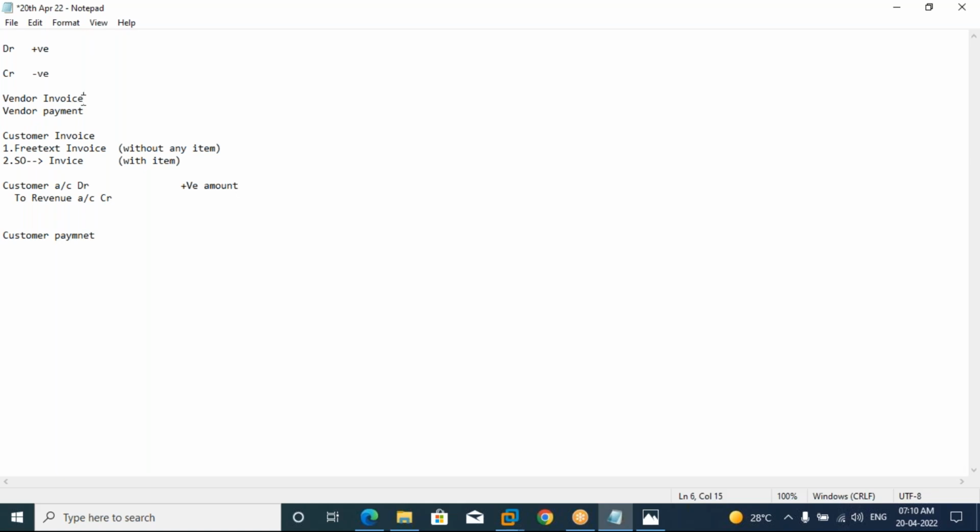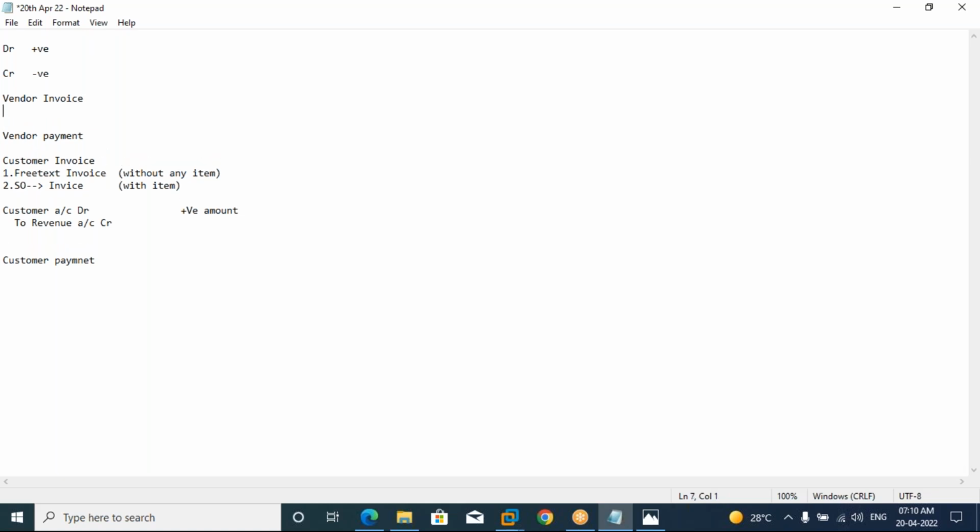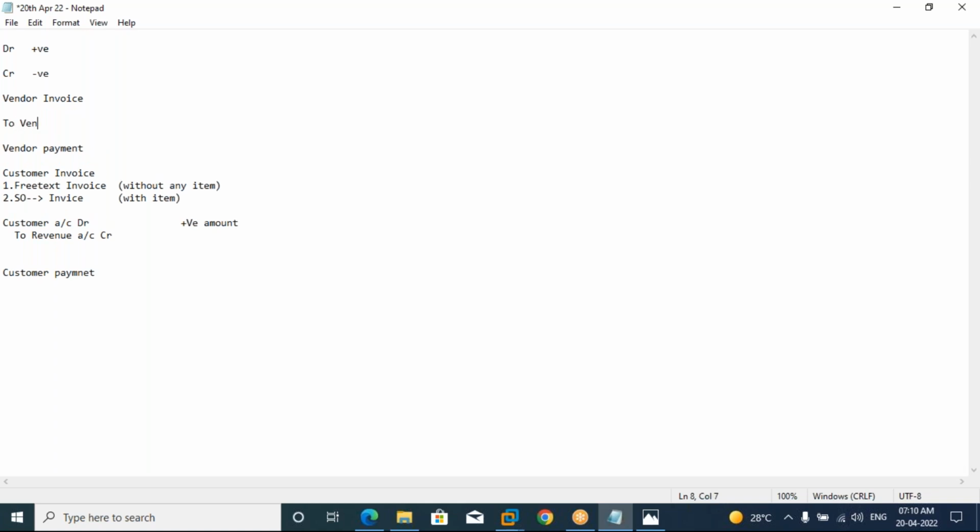If it is a vendor invoice, I need to pay the vendor. Because this is minus, I need to pay money. In this one I need to pay money, whereas here I'm going to receive money from the customer.